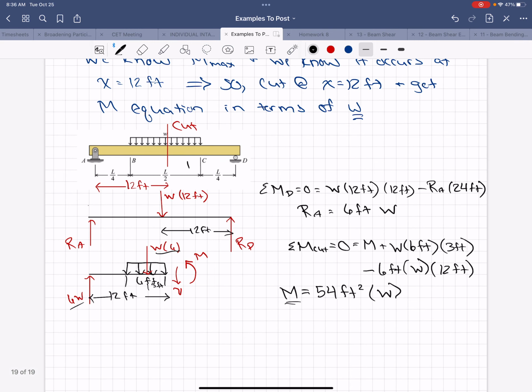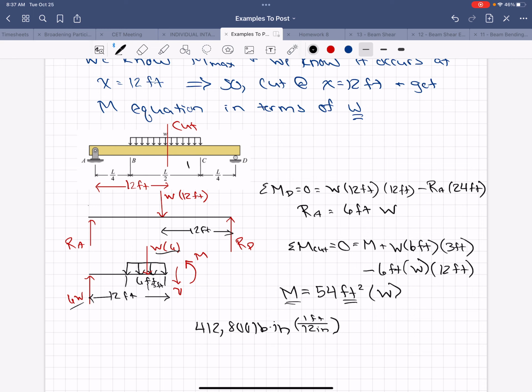So I have 412,800 pound-inches. This is in feet, so I'm going to multiply this times 1 foot per 12 inches.